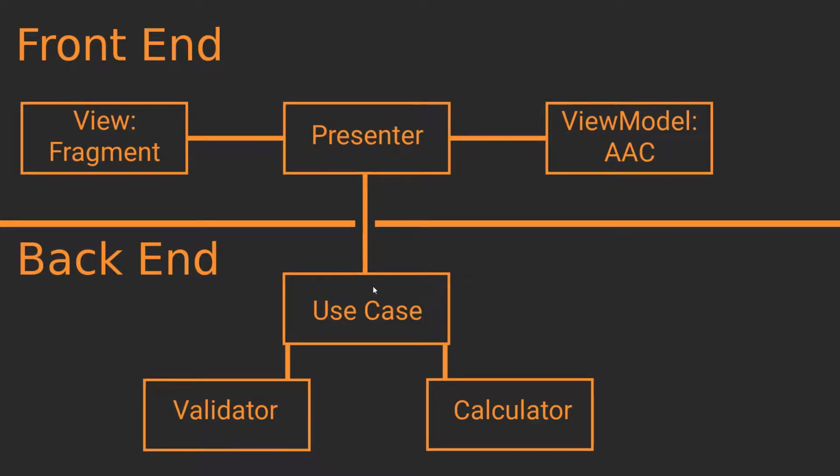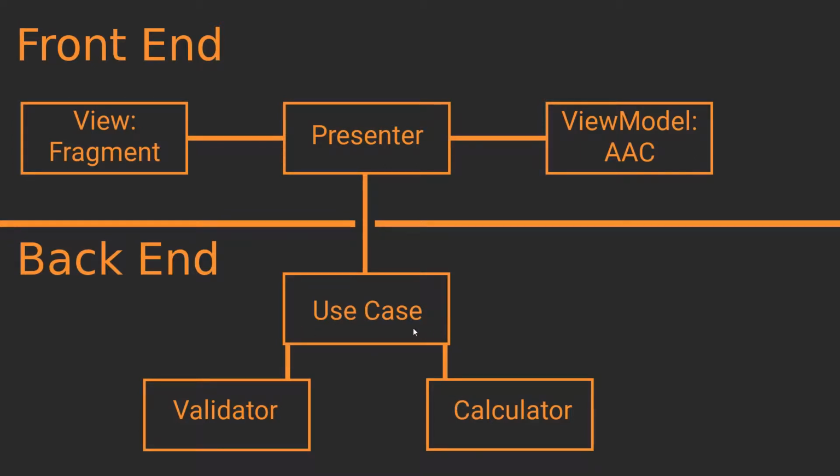For the back end, we have this thing down here called a use case, which our presenter will be talking to, and the use case has multiple different jobs, but one of the main things it's going to do is abstract out and hide all of the finer details of what the back end is going to be doing from our presenter. So how this is going to work is the presenter will call a use case and send it whatever data it needs, and then with this use case it will coordinate the back end of the application.